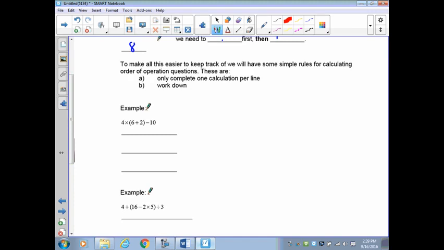So let's take a look at 4 times 6 plus 2 minus 10. If you remember BEDMAS, the first thing you're going to do is take a look for brackets. And we do have brackets right here. So we're going to do 6 plus 2 first. So my first line is going to be 4 times 8 minus 10.